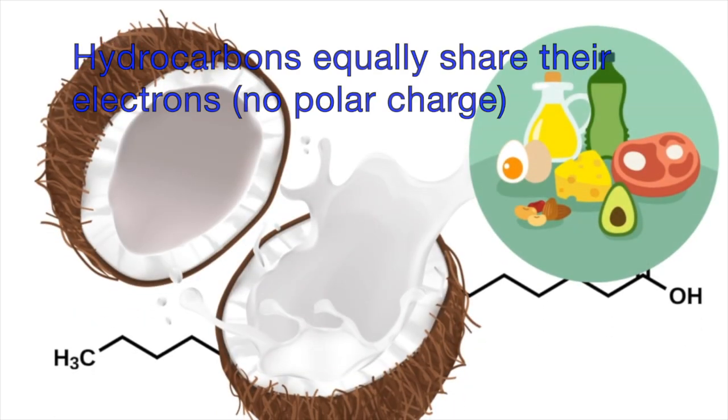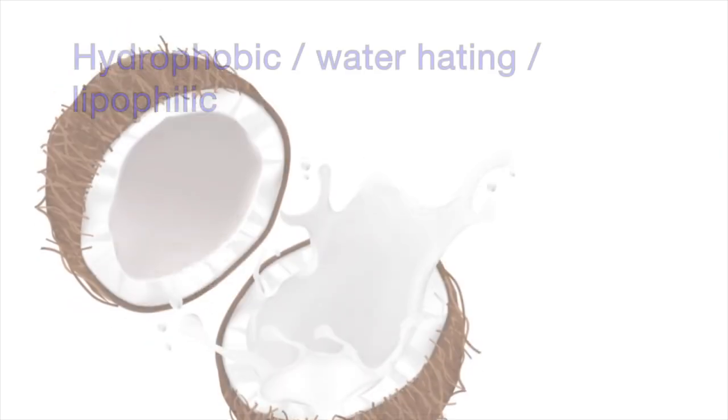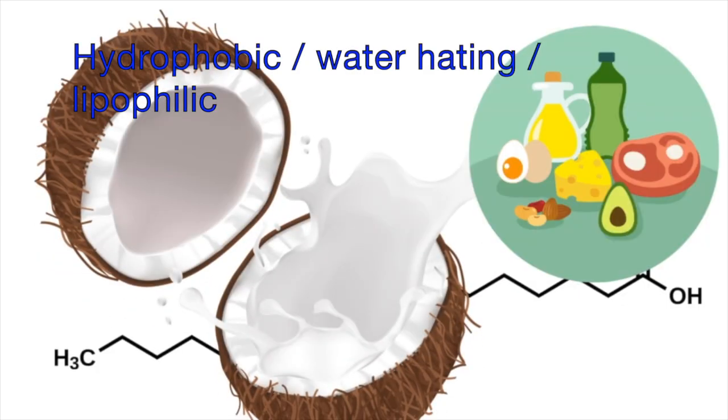So in these molecules, the carbon and hydrogen atoms equally share their orbiting electrons, and therefore the tail is non-ionic and non-polar. Also known as hydrophobic, which is water-fearing, and lipophilic, which is fat-loving.